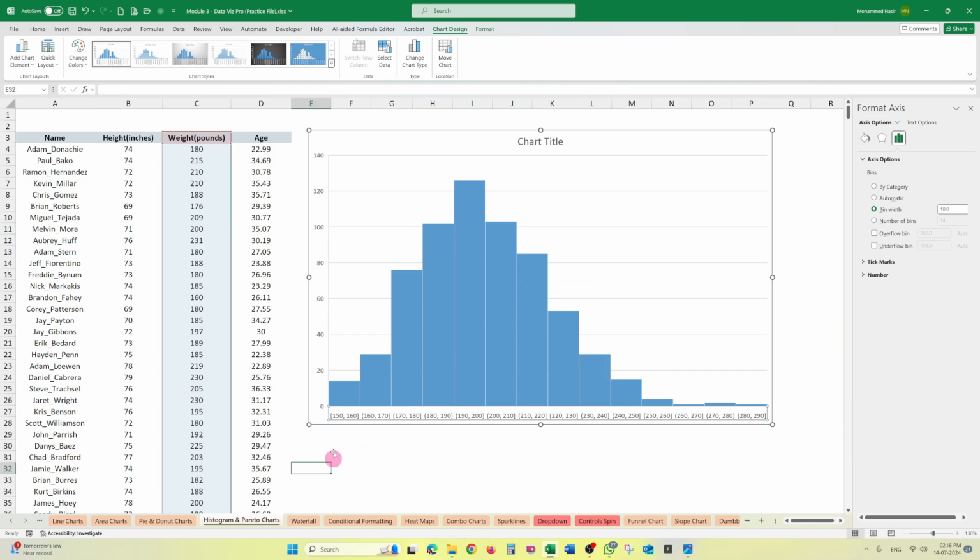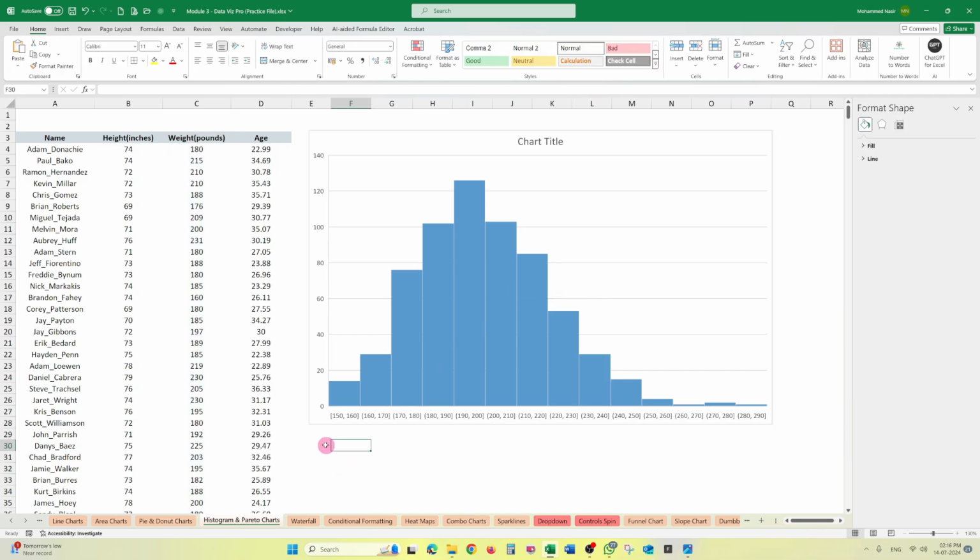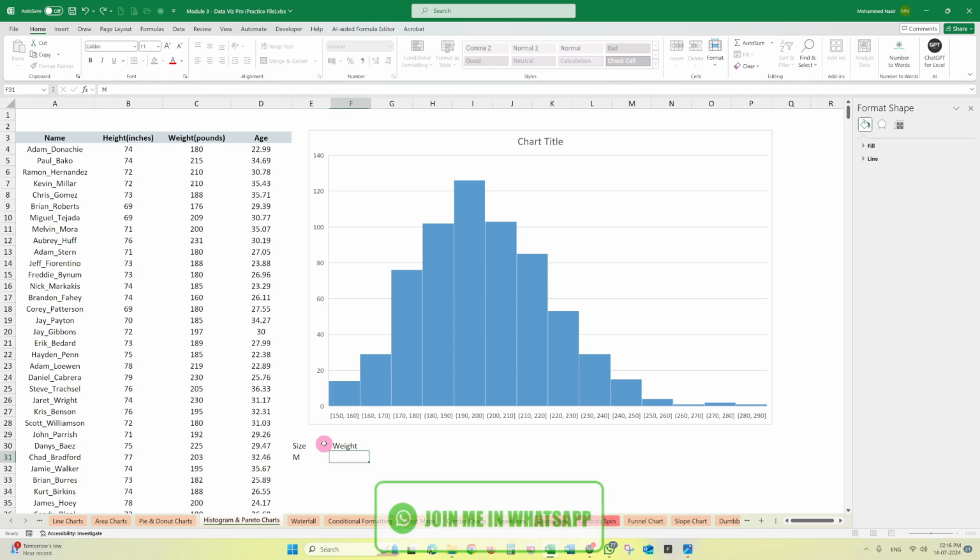So if we decide on sizes by weight, for M size, the weight will be between 100 to 150.